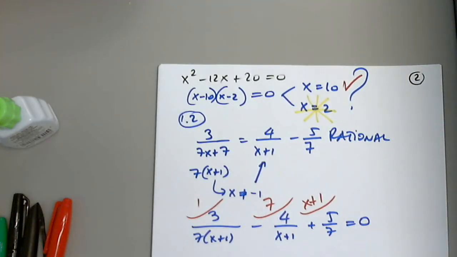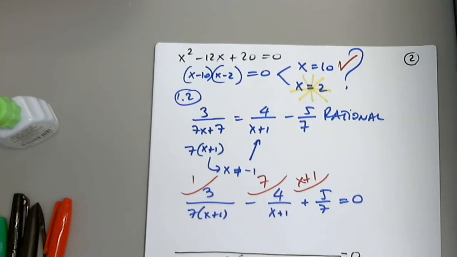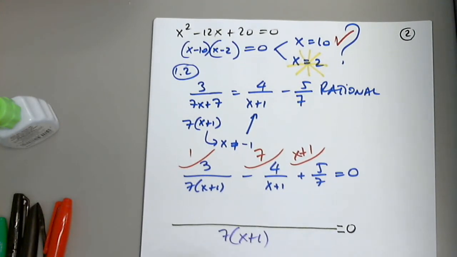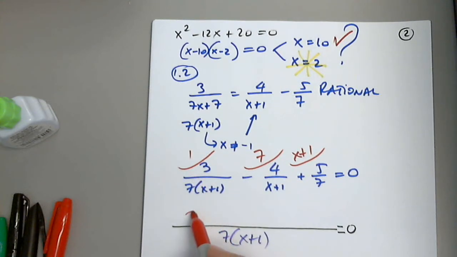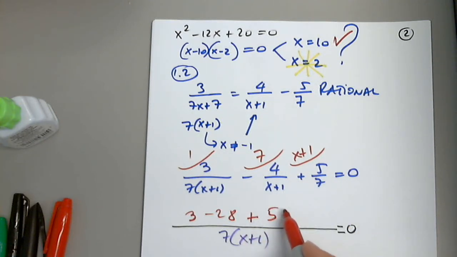So, 3 minus 28. And then 5 times x plus 1. Oh, 5. Good. So we distribute 5 to x plus 1. Is that clear? Good. So next we do what?